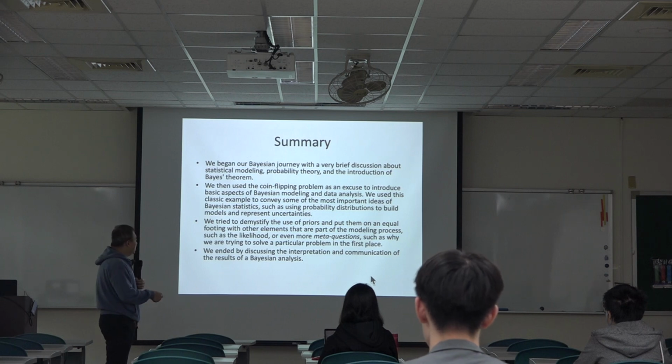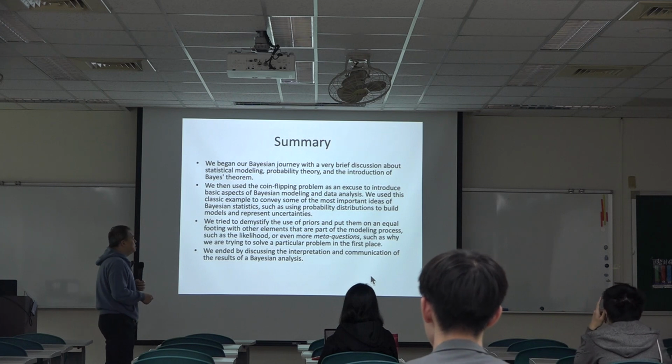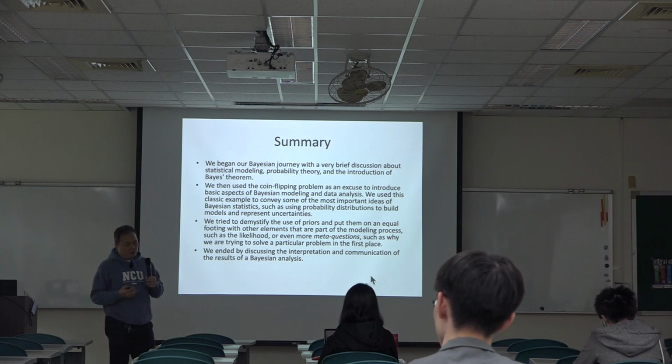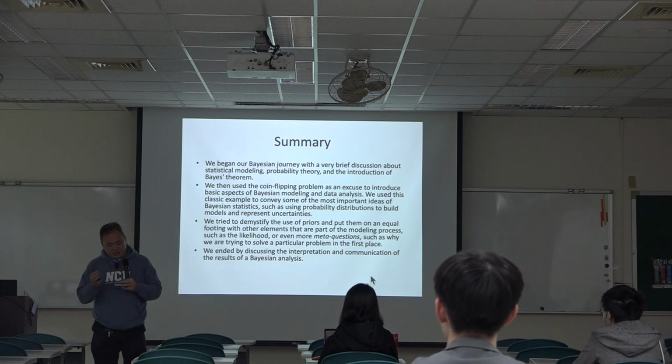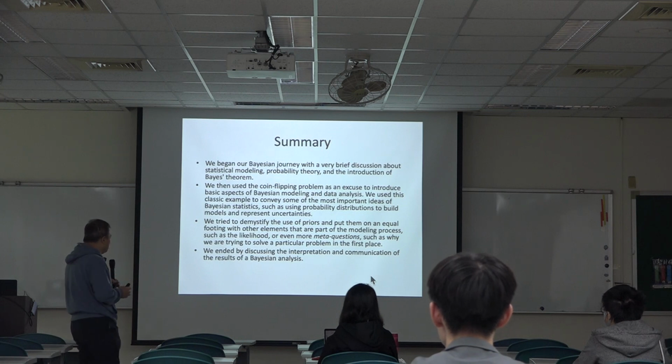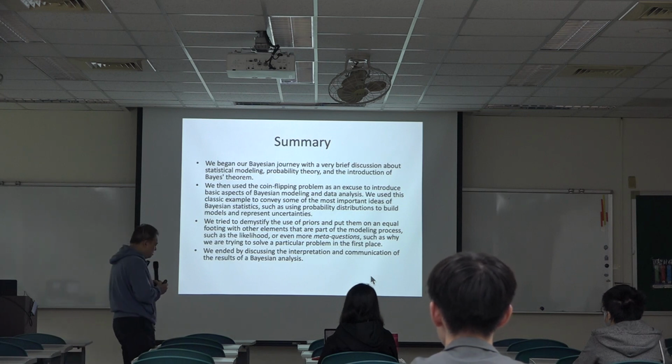So we end by discussing the interpretation and the communication of the result of Bayesian analysis, because when we have the posterior distribution, how do we interpret the result, and how do we make sure that result is consistent?